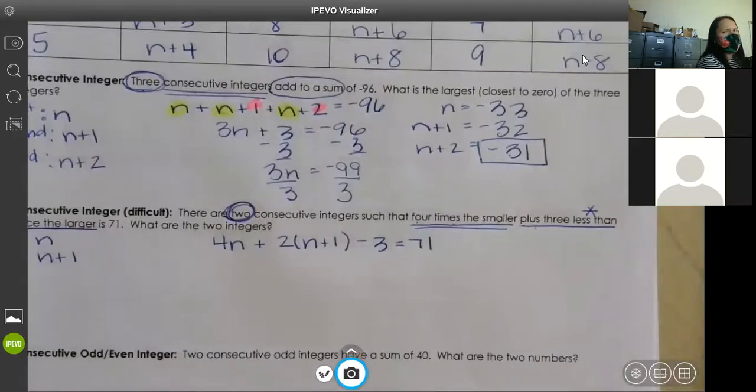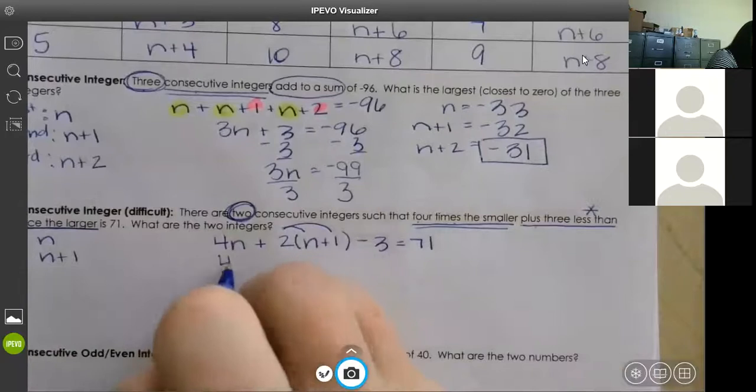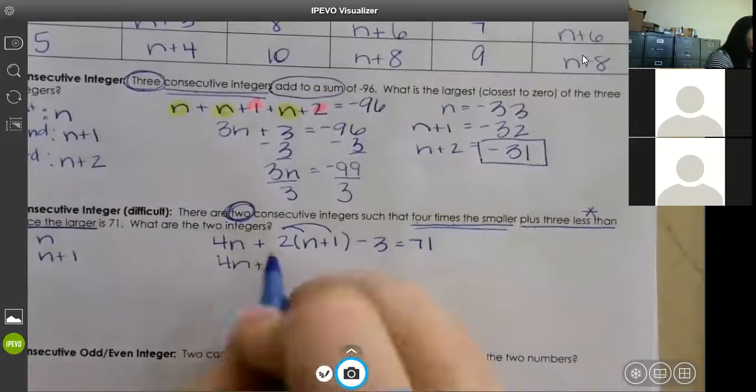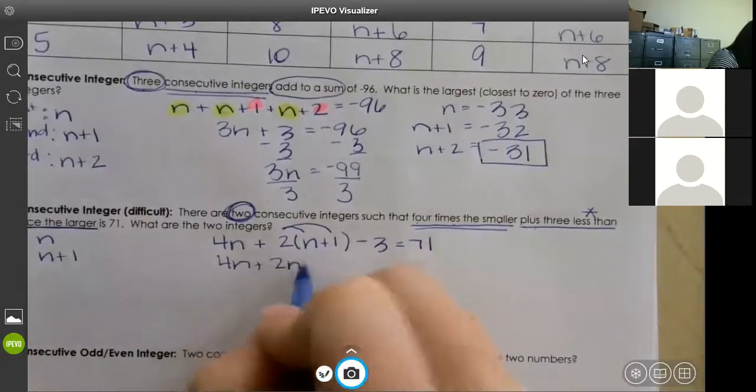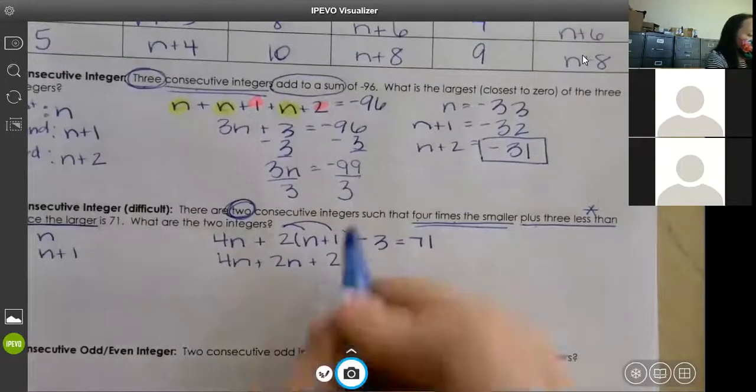Okay. What do we do with that 2 on the outside? Distribute it. Distribute it, absolutely. Great job. So the 4n stays. What is 2 times n? 2n. What is 2 times 1? 2. Make sure you distribute it to both.